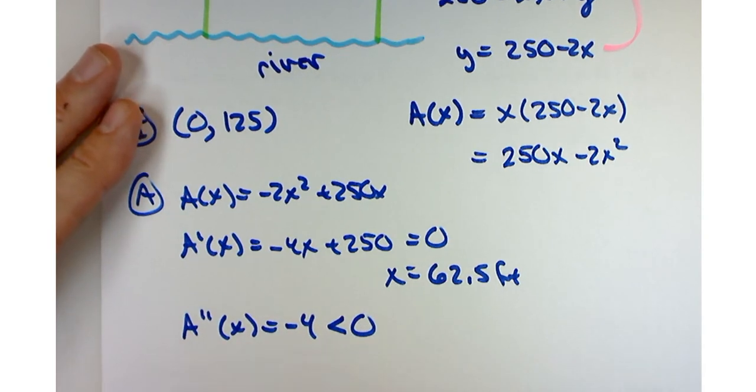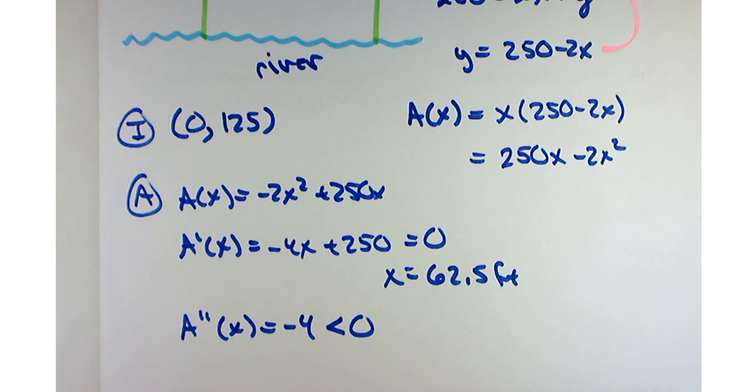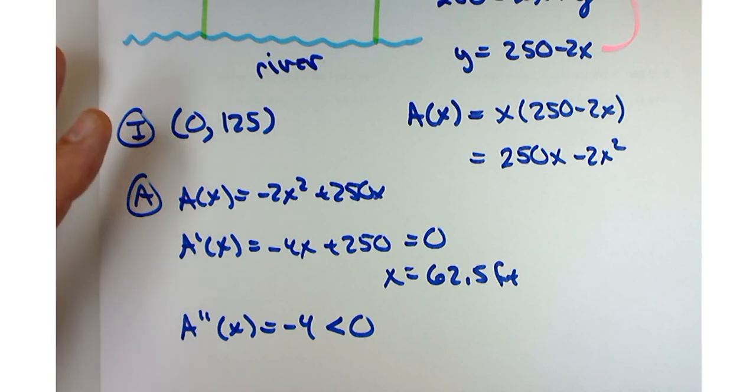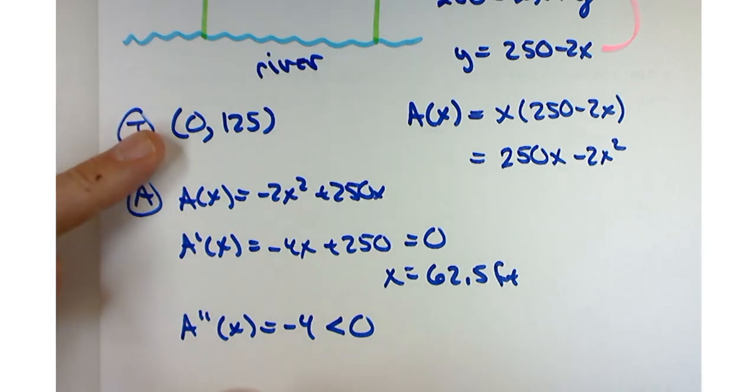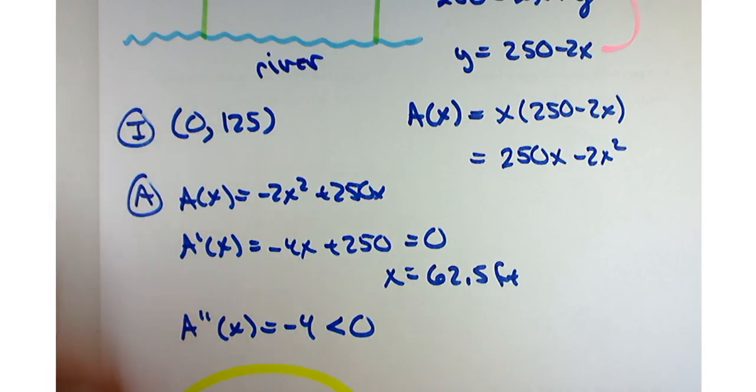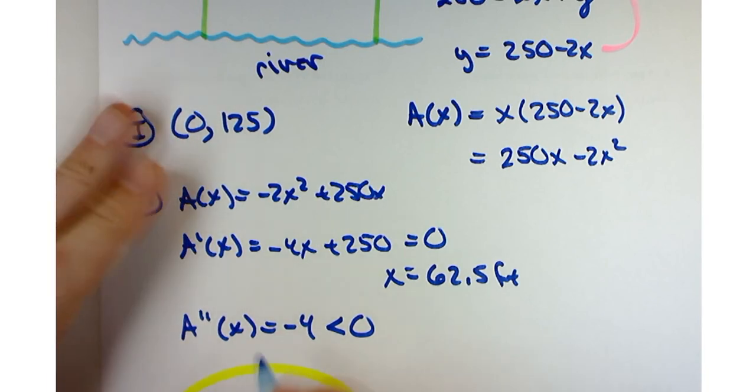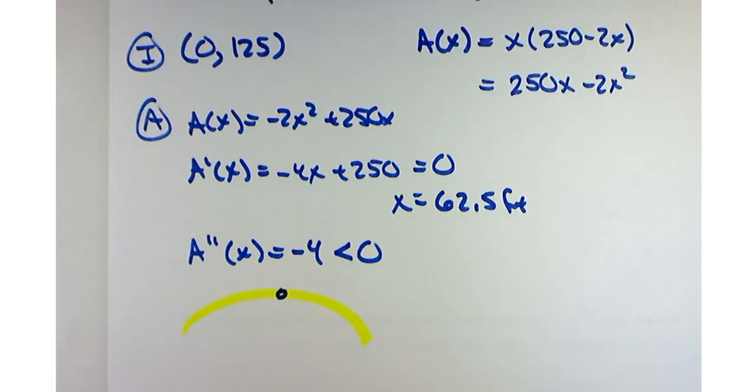So if it's less than 0, then what kind of a shape does it have to have overall to the graph? Concave down, right? So the shape of the graph has to be concave down, and in particular, any critical point would have to be a maximum.